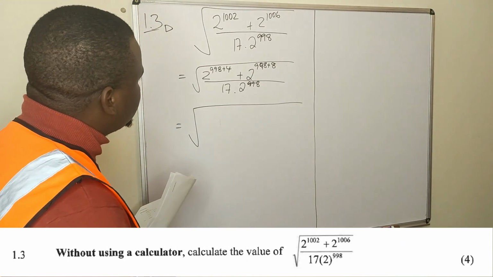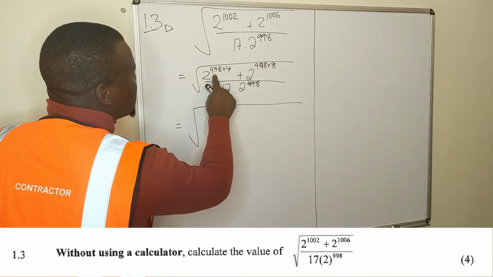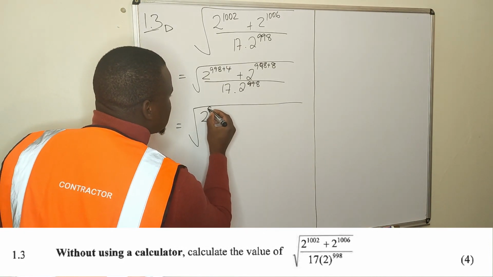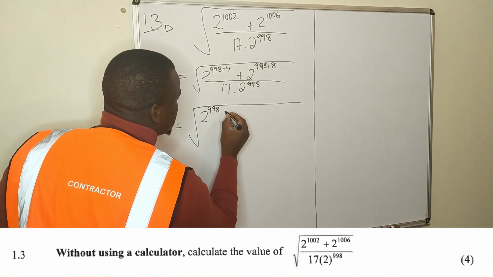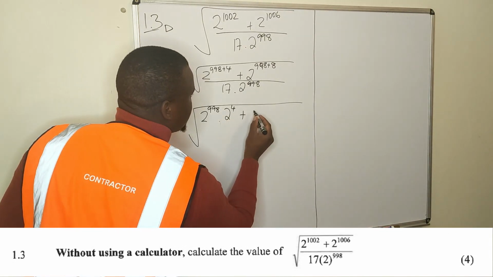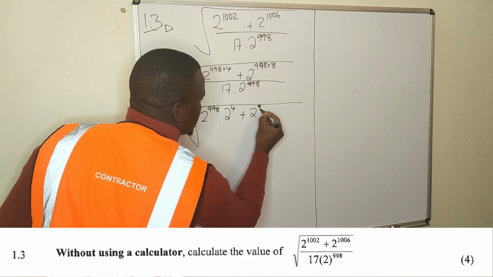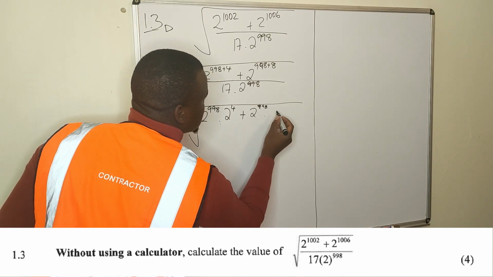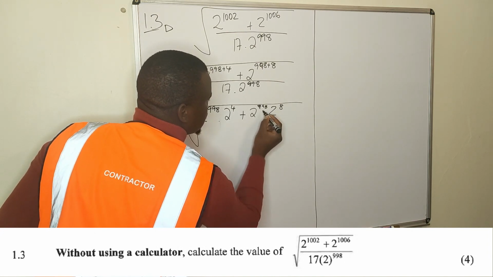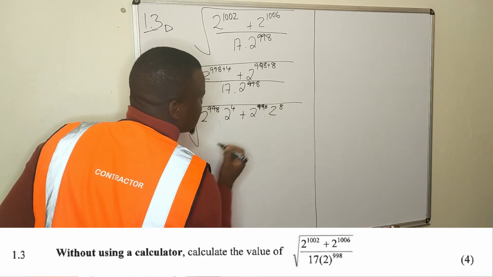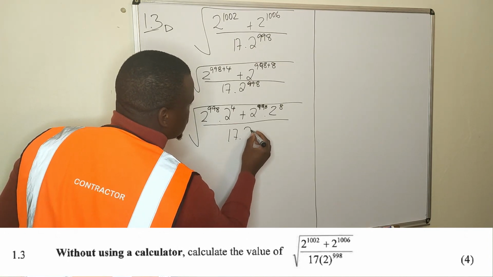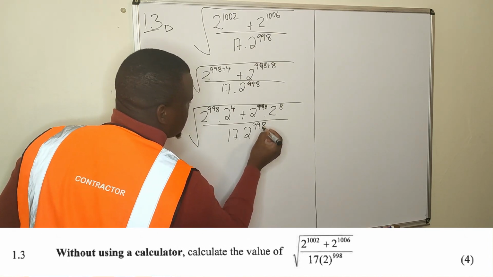Now, when you have this situation, you can break it down and say it's 2 raised 998 times 2 raised 4, plus 2 raised 998 times 2 raised 8, all divided by 17 times 2 raised 998.